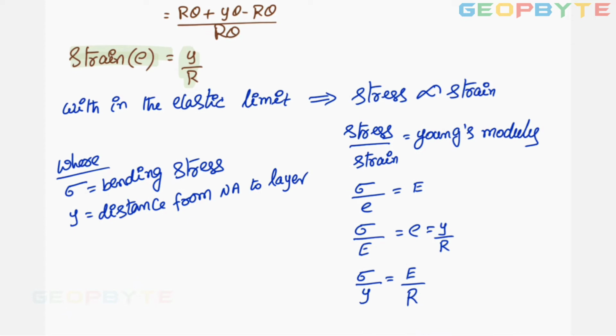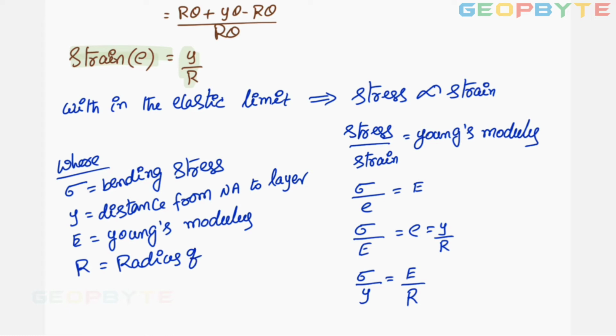Next, E equals Young's modulus, the material constant. R equals radius of curvature.